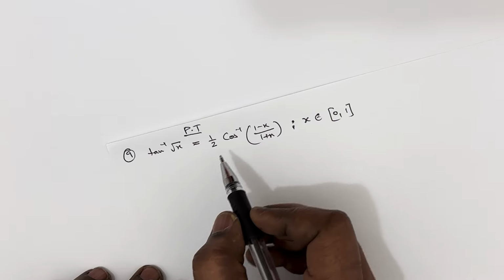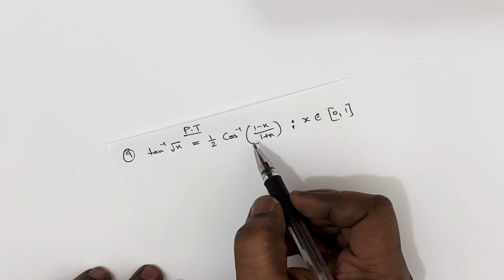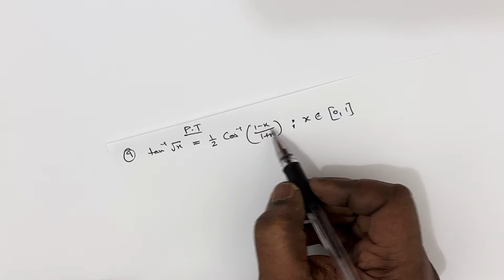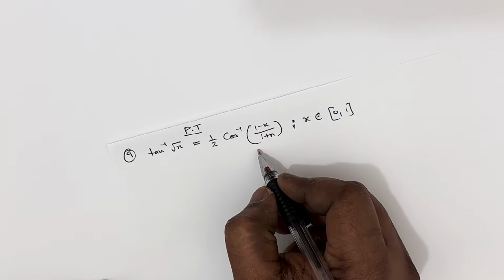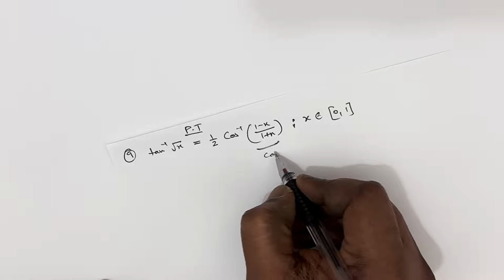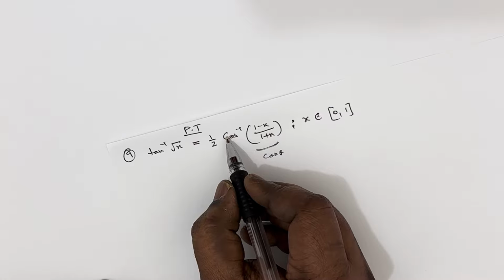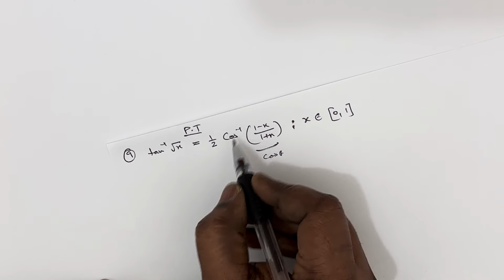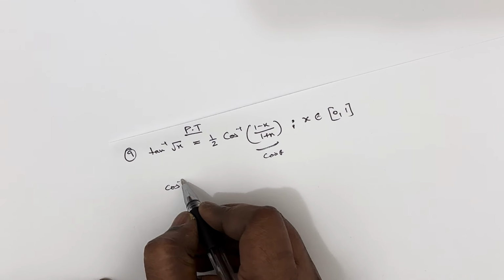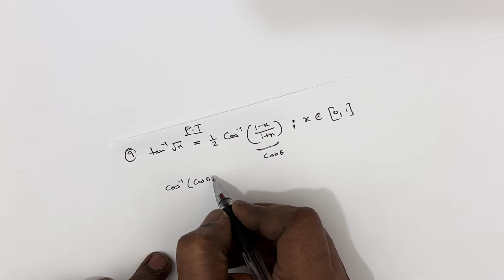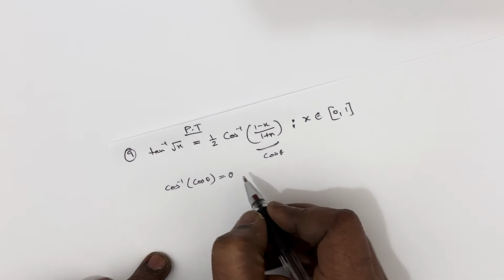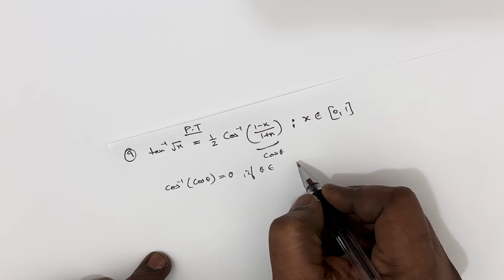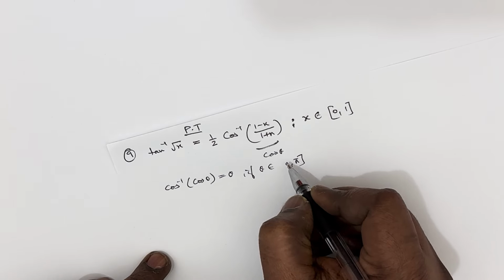Now when we look at this expression, 1 minus x by 1 plus x, if this was some cos theta, then we have cos inverse cos theta. This will resemble the property that cos inverse cos theta is equal to theta, if this theta belongs to the range of cos inverse, 0 to pi.